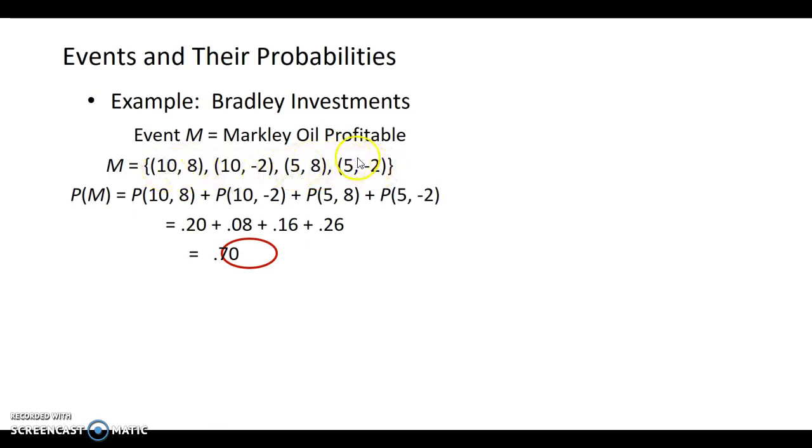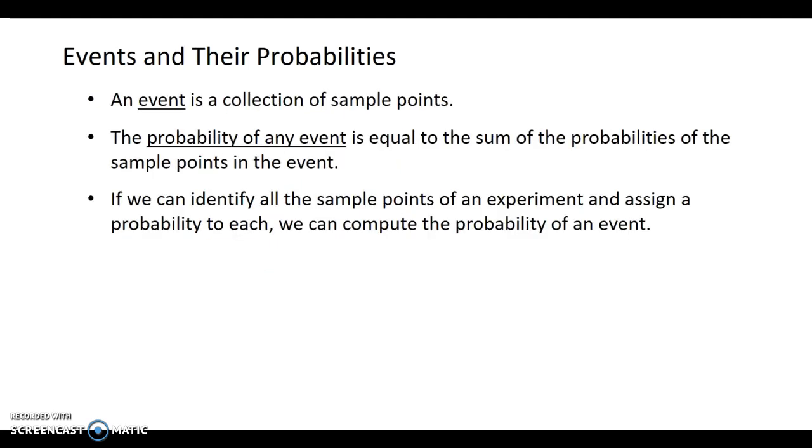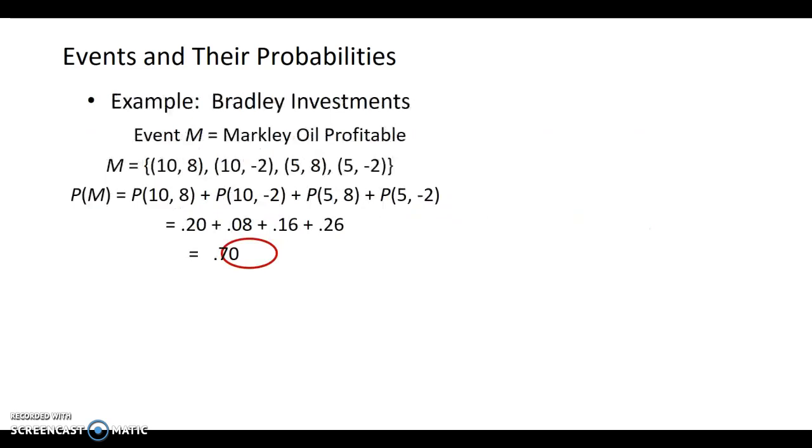So there are 4 possible events where Markley Oil could be profitable. Then we have events where Markley Oil is profitable here, and we're going to add those probabilities.